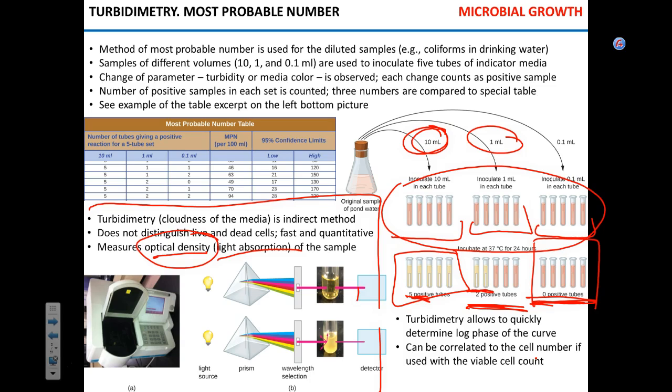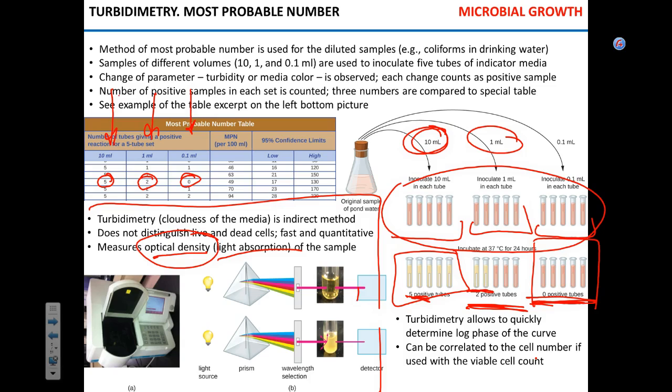What do we do next? Next, we open the special book, the reference table. And the reference table has numbers. Okay? We have number 5, right? 5 positives in 10 milliliter inoculum, 2 for 1 milliliter inoculum, and 0 for 0.1 milliliter inoculum.